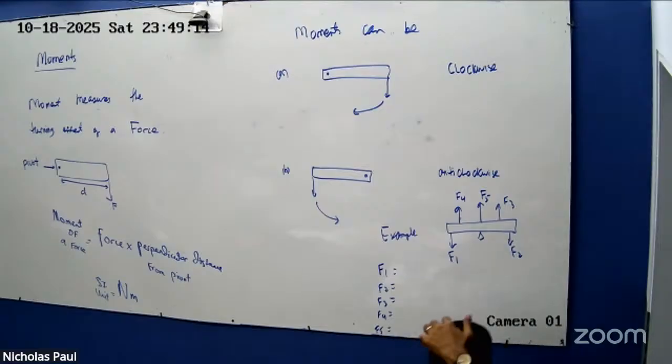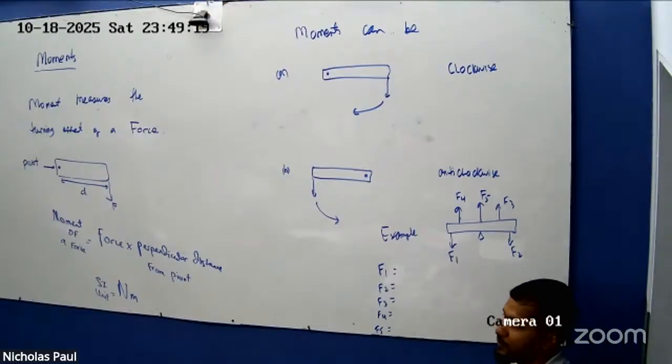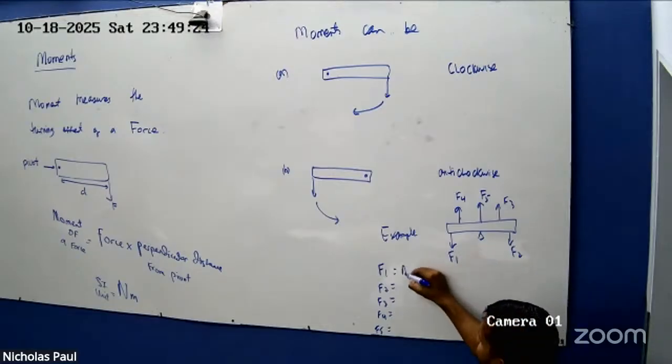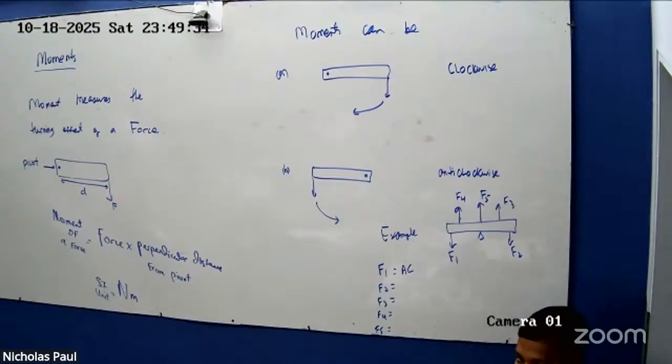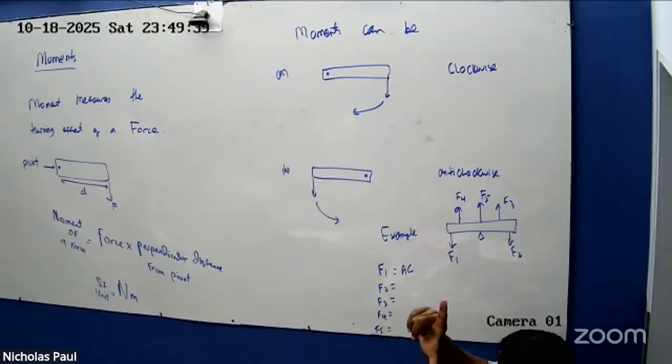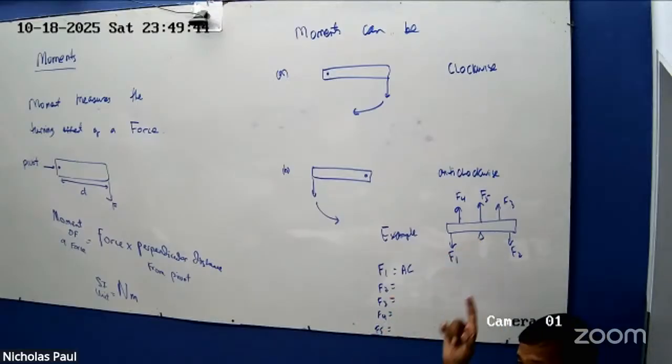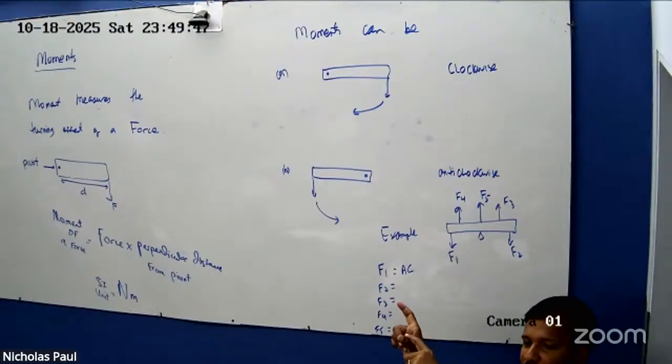Right, let's go. So F1, what do y'all think? Clockwise or anti-clockwise? Anti-clockwise, nice. F1 is anti-clockwise. What about F2? Here's how you can check. Take two fingers, one on the force, one on the pivot, and allow the finger on the force to move in the direction of the force and see how it will turn.